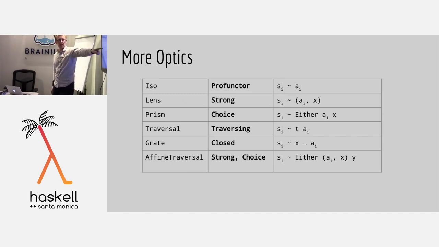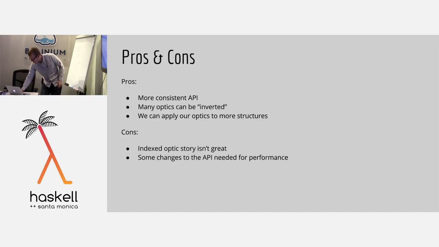Grate says that S is isomorphic to a function from some key space X to A, like this thing that I call a comb. And then affine traversal says that S is isomorphic to a sum of a tuple, essentially, right? So this is like your affine vector space or whatever, right? So you have A plus X times Y, or A times X plus Y or something like that.